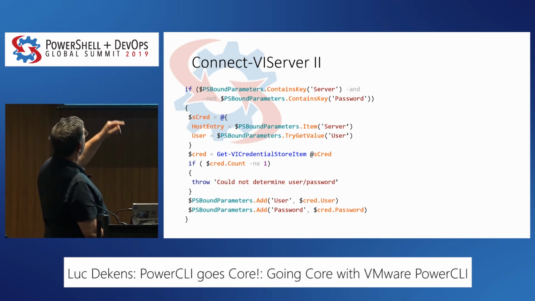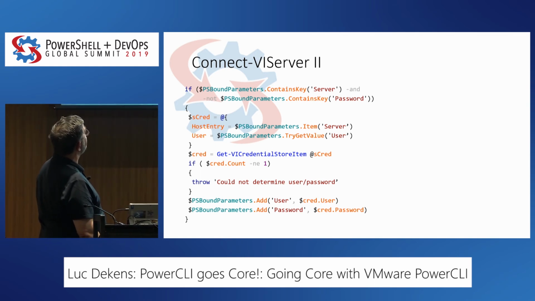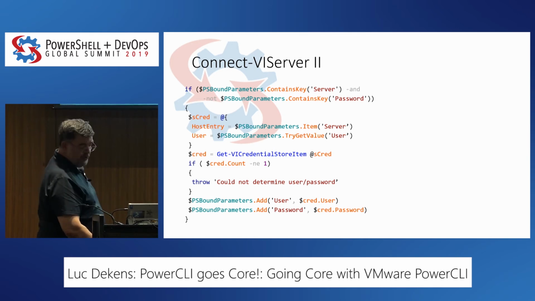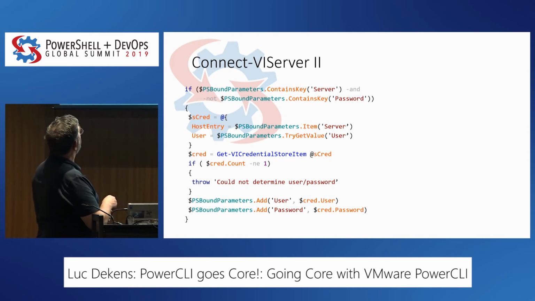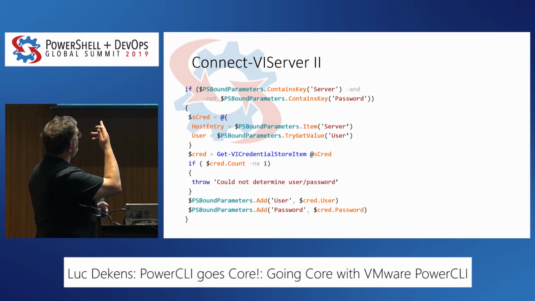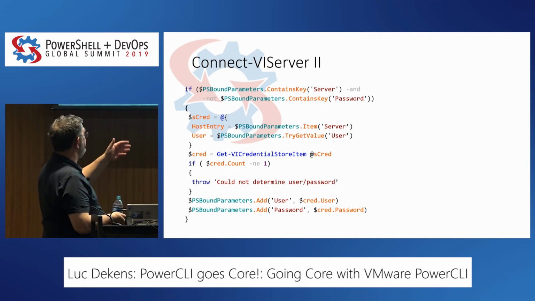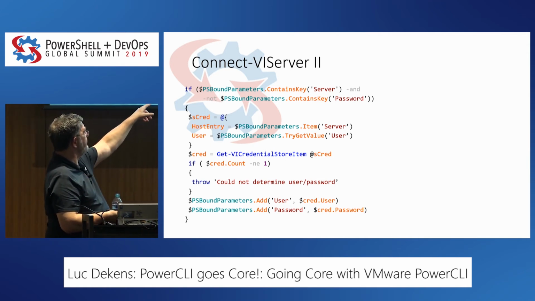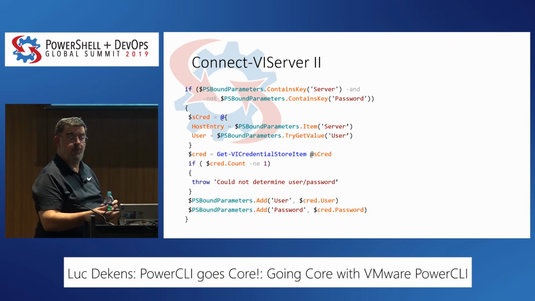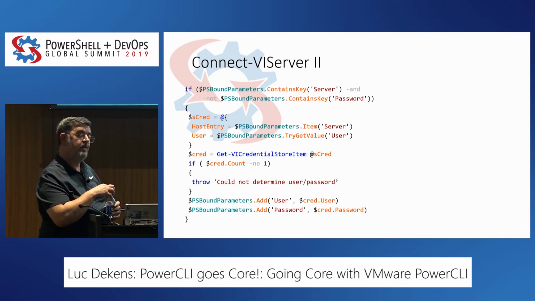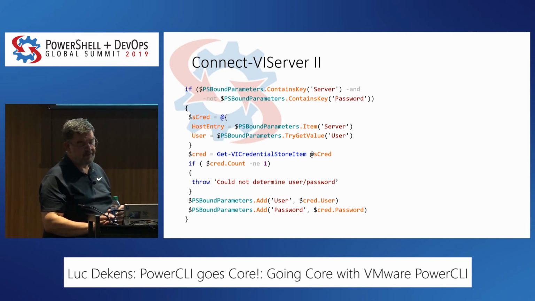So we just test if there was a user parameter passed on the call. If not, we will get it from the Credential Store. If there's only one returned, then we will add new parameters or replace values on parameters, user and password, and our Connect-VIServer goes through in the same way by only adding a server, but using the database to find what credentials we should be using.